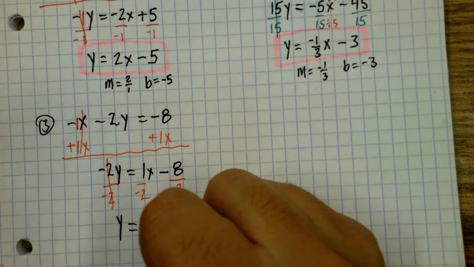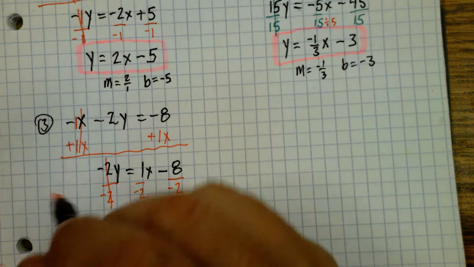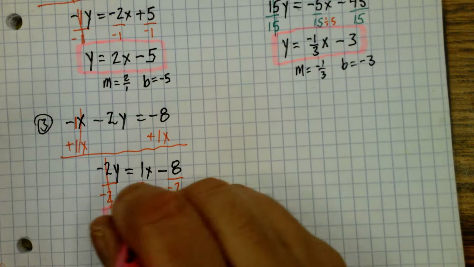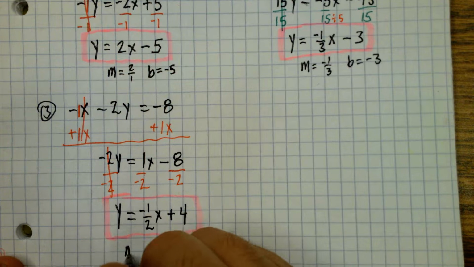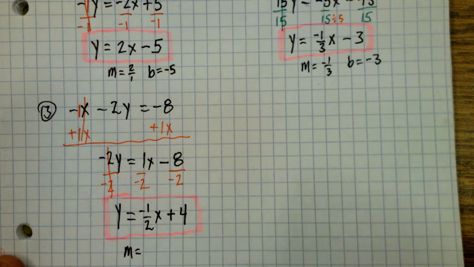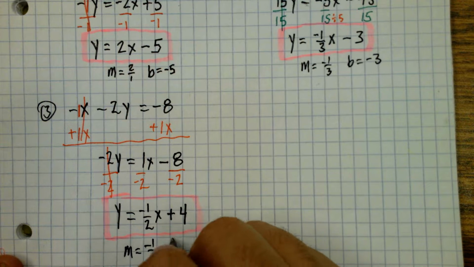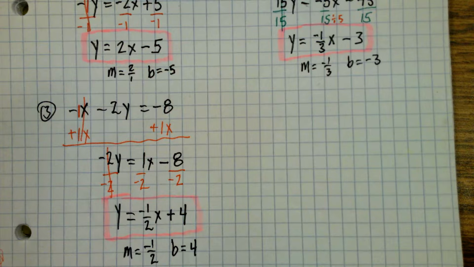Positive 4. Yeah. So this is our new equation in slope-intercept form. And so I know my slope is negative 1/2. And the y-intercept is 4 or 0, comma 4.